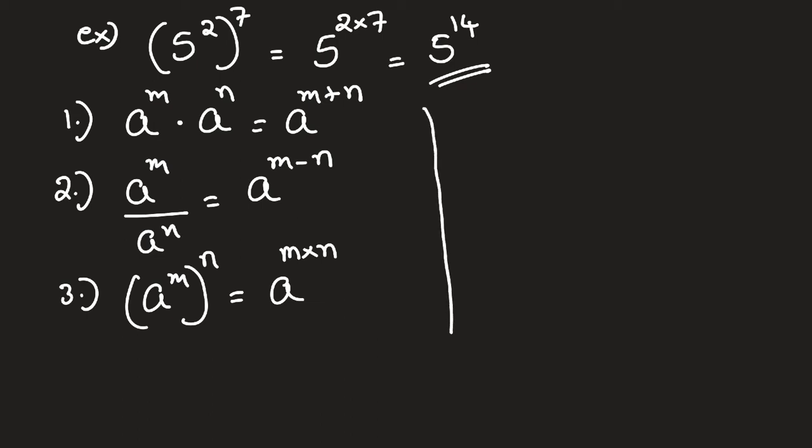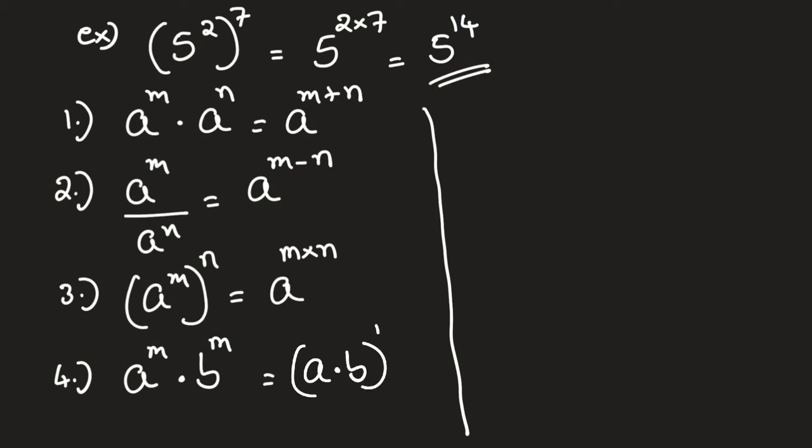Now, there's another one, fourth, which is pretty obvious. A to the power m times b to the power m, which is now, observe over here, the bases are different, but the powers are same. So what do we do? We can multiply the bases together and write them as a times b, the whole thing to the power m.